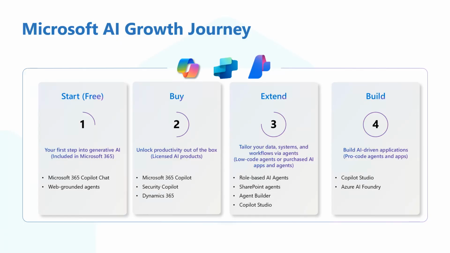The way that Microsoft are pitching this growth journey, essentially, as in what products they're mapping to this journey, is the first thing is completely for free. Right now, you can access Microsoft Copilot. Now, what you get with that free Copilot is the ability to ask questions and get information based on information on the web. So it's only grounded in the web at the moment, meaning it's basically a direct competitor to ChatGPT.